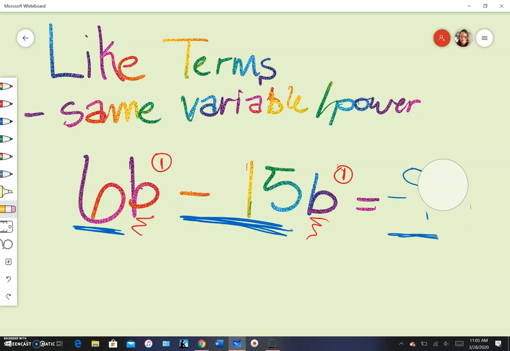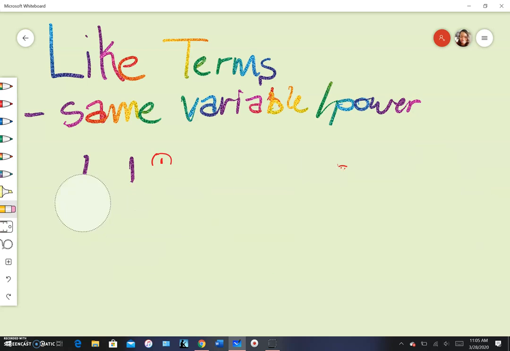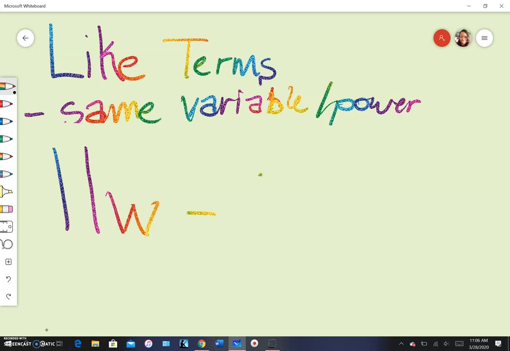Okay? Where this becomes tricky is when I have something that looks more like 11w minus 42m. The first thing I need to check, do I have the same variable?